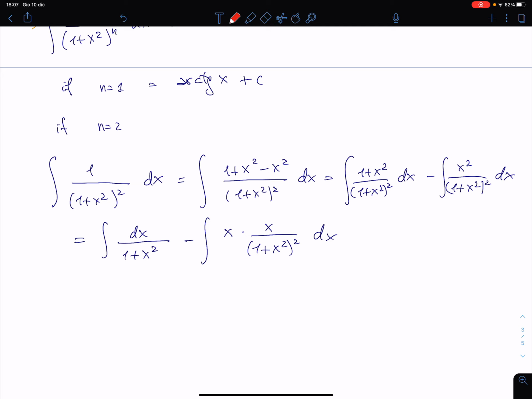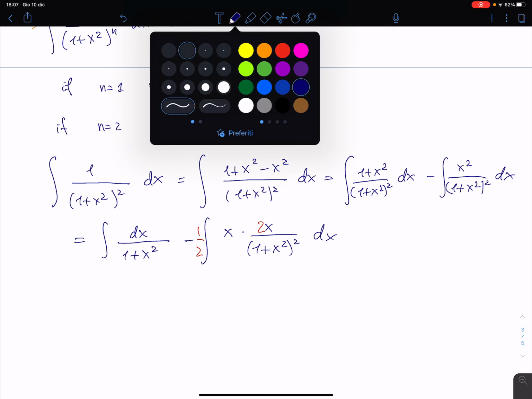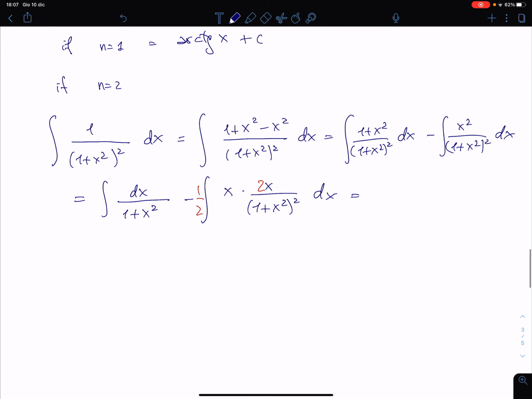So here 1/2. The first integral is the arctangent of x, then minus 1/2. You don't touch this factor here, this is x, which you want to differentiate.